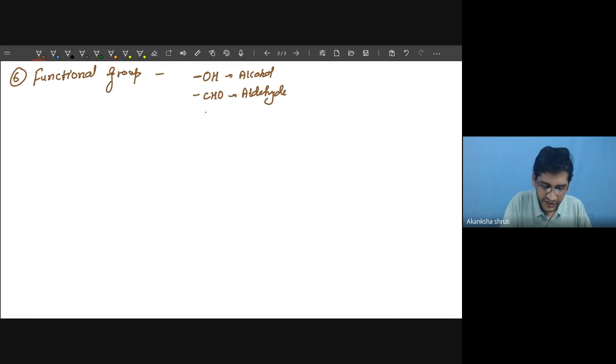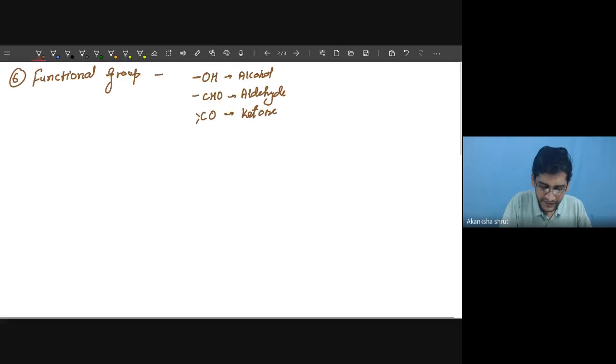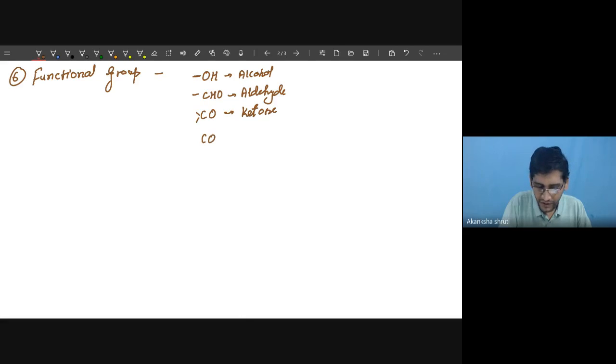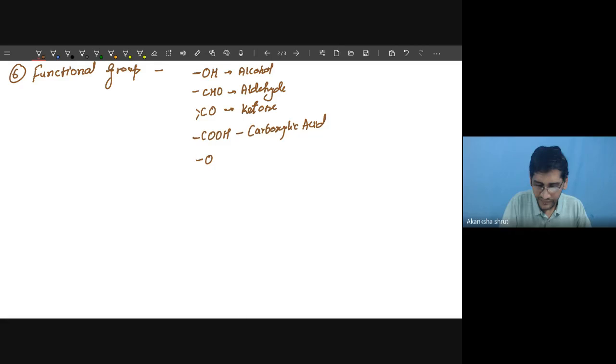If it contains carbon with oxygen only, at that time two valencies of carbon remain unsatisfied. It is called ketone. Another, if there is carbon, oxygen and OH also, only one valency of carbon is left unsatisfied, it is called carboxylic acid. If only oxygen is there, this is called ether.